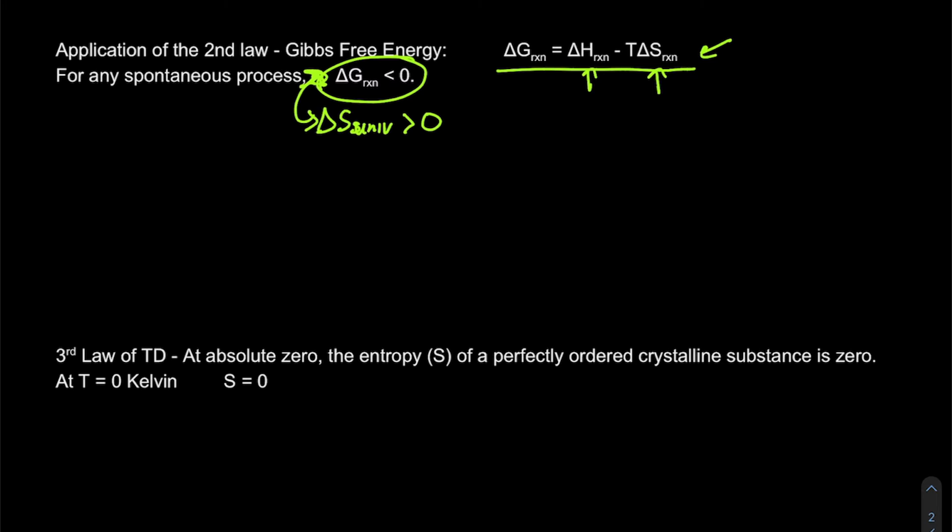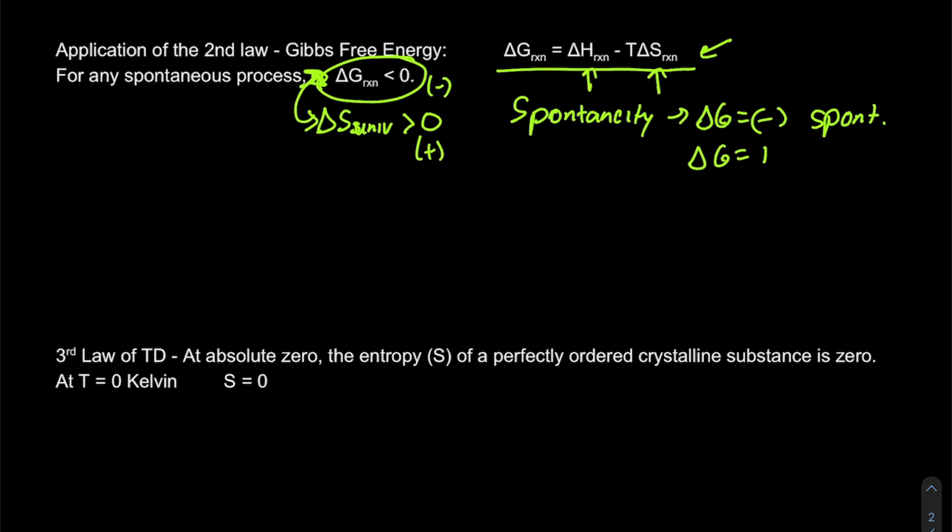A positive delta S of the universe or a negative delta G is going to give us a spontaneous reaction. So if our delta G is negative, that would be a spontaneous reaction. If our delta G is positive, that would be a non-spontaneous reaction.